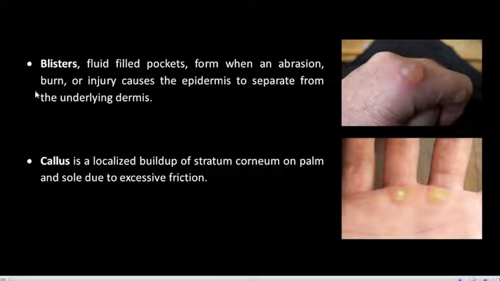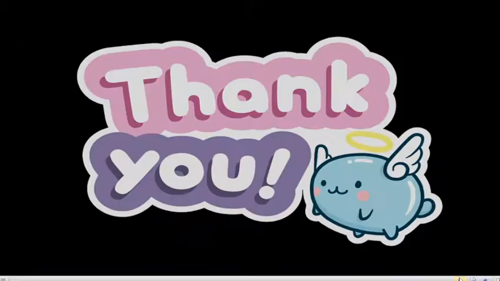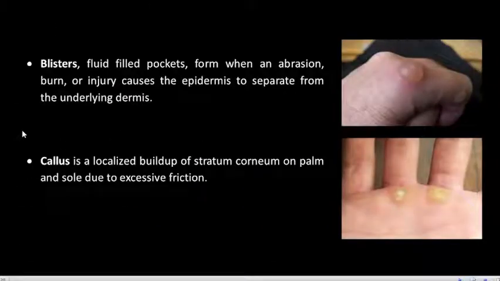So, pwedeng burn, pwedeng sa abrasion, pwede ring injury, any type, no? Pero usually, ang nangyayari ito siya galing sa paso. Napaso ka. Pwede ring nakuskus yung balat mo, no? For example, masikip ang sapatos, you will form blisters on the back, no, of your feet.